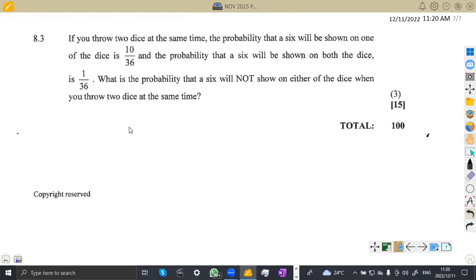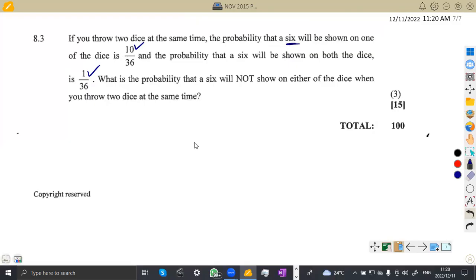Let's think. We are talking about a die in this case. So if there are 2 of them, we are going to obtain one side as 10 over 36, the other side as 1 over 36, that is of showing a 6.